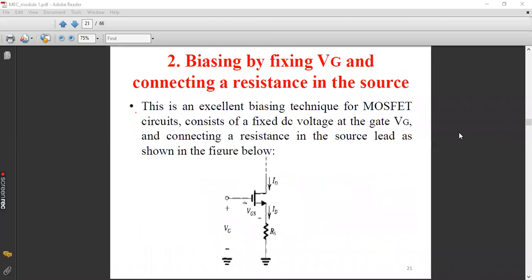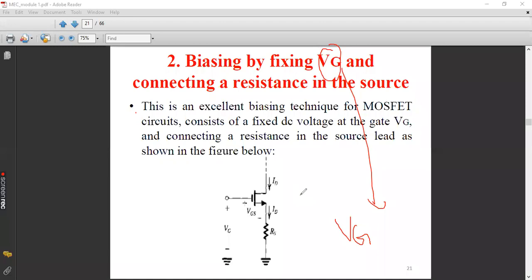Okay. Now, to compensate for this limitation, we have the second type of biasing technique. Please take down: biasing by fixing VG and connecting a resistance in the source. Please note the difference. Here we are not fixing VGS, we are fixing only VG.